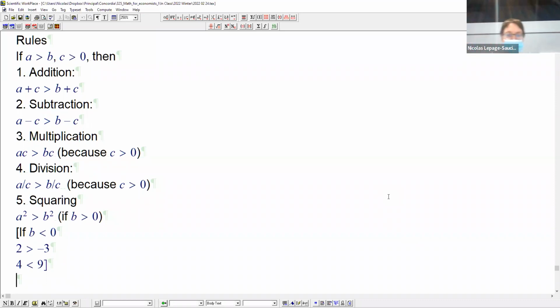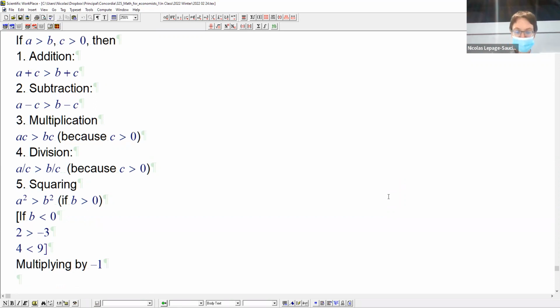Next one: multiplying by -1. So I'm going to get that minus A is smaller than minus B. That covers all the cases where C is smaller than 0. Then you just have to take -1 times C, and you can cover these cases.